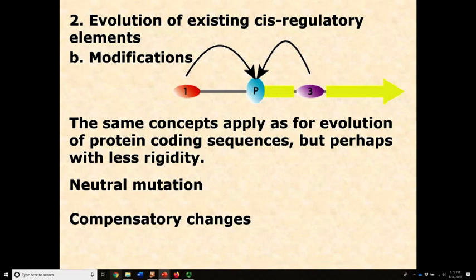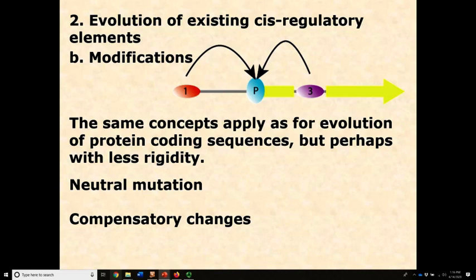And we can also have compensatory changes. So if a mutation changes a regulatory element, so it's not quite as good as it was before, but then a second regulatory element occurs de novo, or another one is modified that makes up for that slightly negative thing that maybe wasn't immediately weeded out by natural selection because it was only slightly negative. But if in the meantime a compensatory mutation occurs, we can end back up at the status quo, but have a different complement of regulatory elements because we have changes in one and then compensatory changes nearby or in other ones.